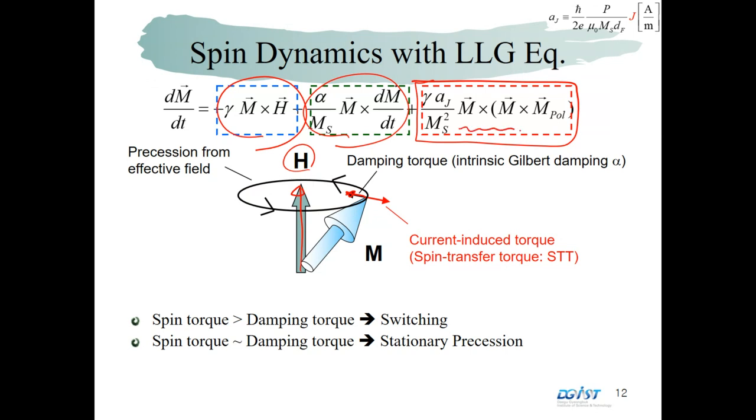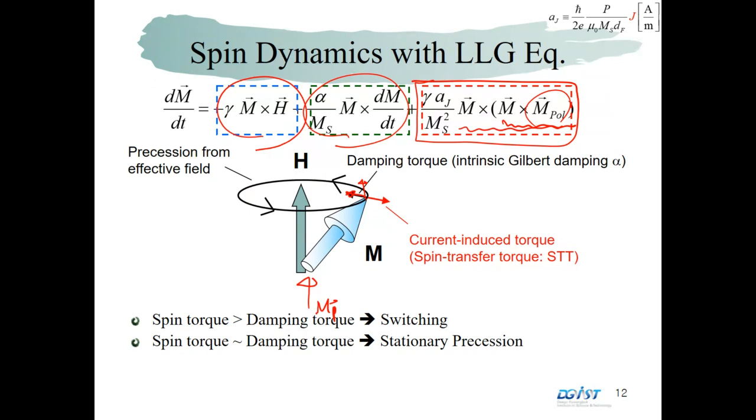And what's the direction of this one? If the MP is in this direction, let's say it is aligned with the field direction, then m cross m polarization generates the torque in the radial direction.